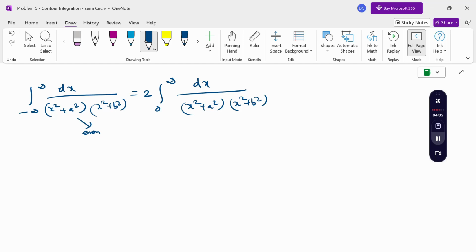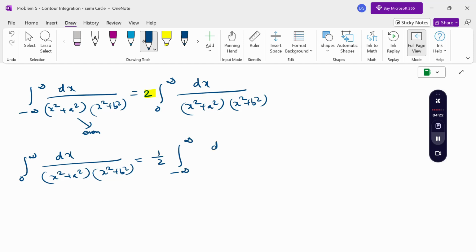But the given problem is the right hand side. Therefore the integral from 0 to infinity of dx by (x square plus a square)(x square plus b square) equals, taking this 2 to the left hand side, 1 by 2 times the integral from minus infinity to plus infinity of the same function, to solve.